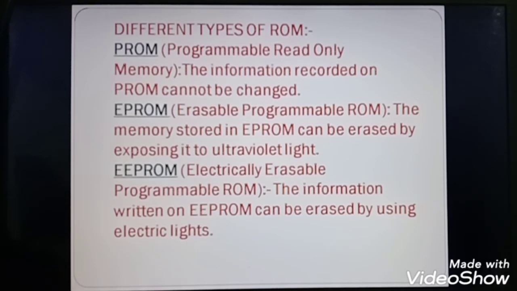So these are the different types of ROM and their functions: PROM, EPROM, then EEPROM. With PROM, we cannot change whatever information is recorded. With EPROM, data can be erased by exposing it to ultraviolet light. With EEPROM, the information written can be erased electrically.